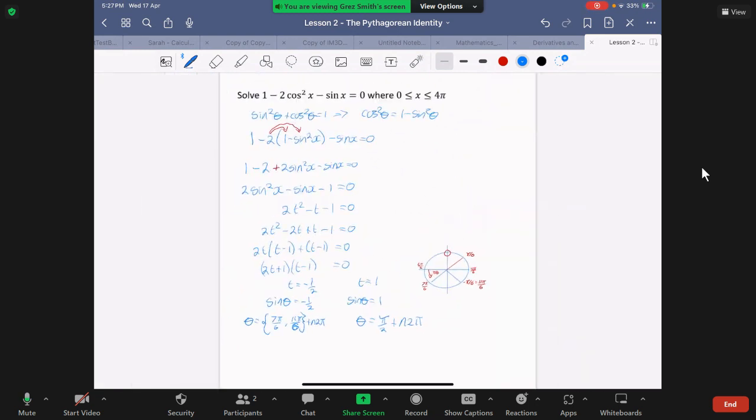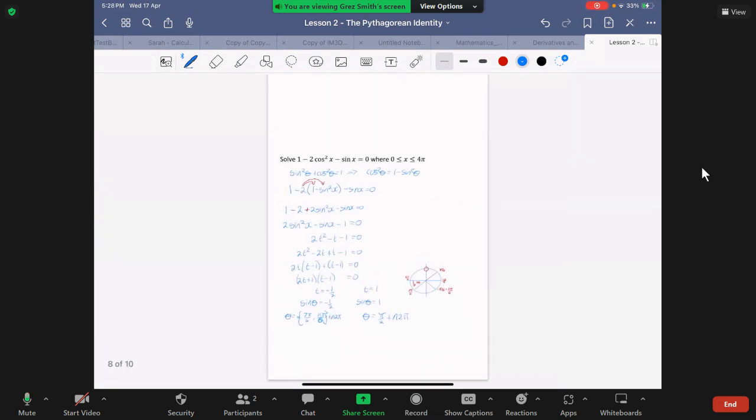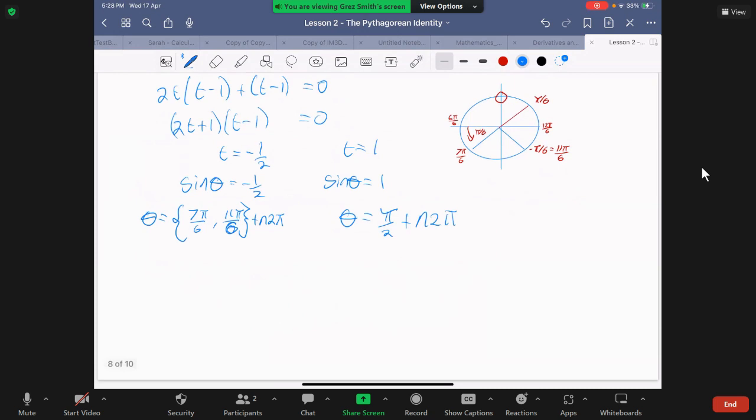We have to go back and find the solutions that come in the interval of the first two rotations. So we need 7 pi over 6, I'll start off with pi over 2, and then 11 pi over 6. These are the first rotation. Then through to the second rotation, I can write this one like this one, plus 4 pi over 2.